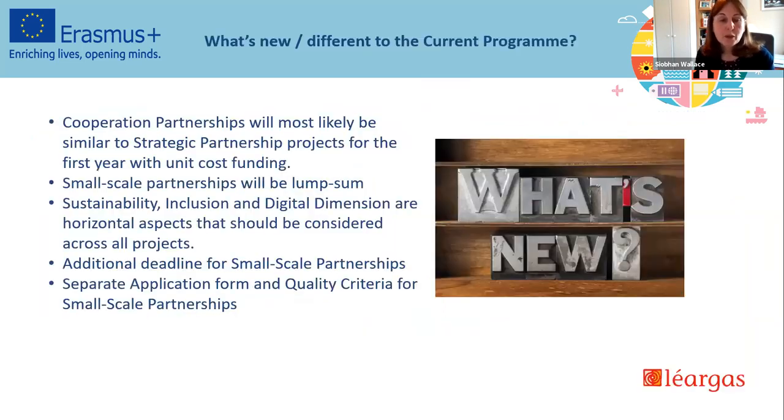And I think one of the really good things about the new program is that the small scale partnerships are going to be lump sum funding. So the budget will be more straightforward. Basically, you'll be awarded a lump sum for undertaking a variety of activities, and probably between, we don't know the figures yet, but probably between 30 to 60,000 for the partnership.